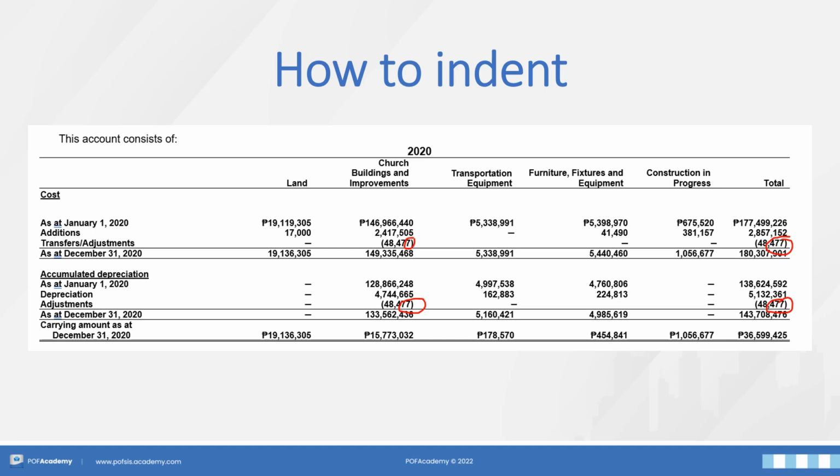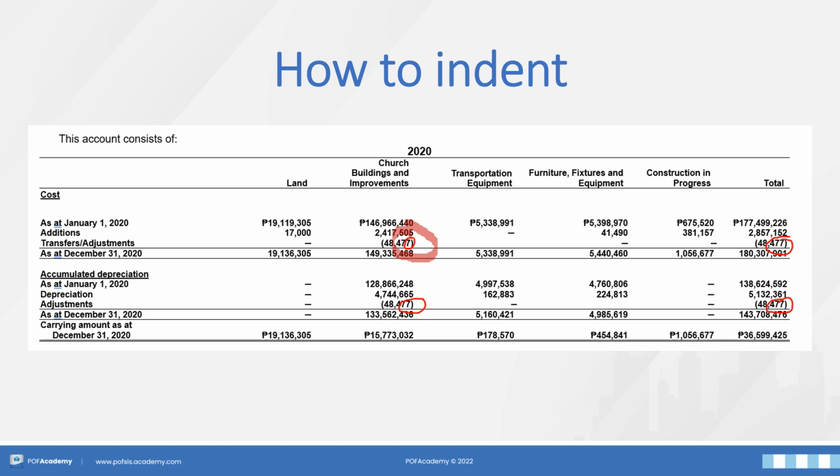So next, how to indent. Basically in financial statements, there are tables also. I already discussed how to insert a table in a document. In this one, it's more on alignment. As you can see, mali agad yung alignment nito, since dapat ang pantay is lahat ng number, not the parentheses.